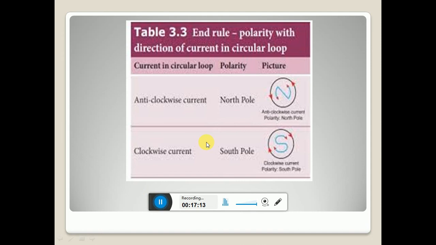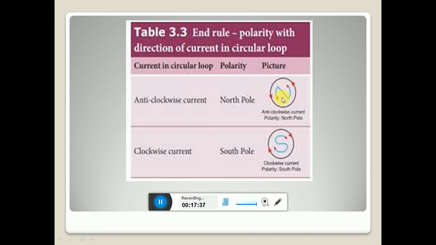Now there is a small case we want to consider, in order to determine the polarity of the circular current carrying coil based on the direction of current flow in that coil. If the coil carries current in the anti-clockwise direction, the polarity of that face will be north pole.